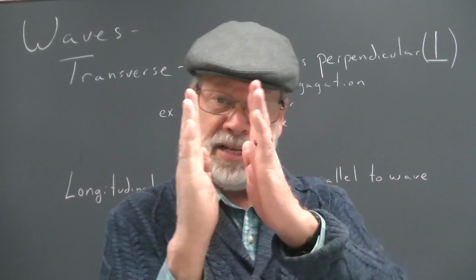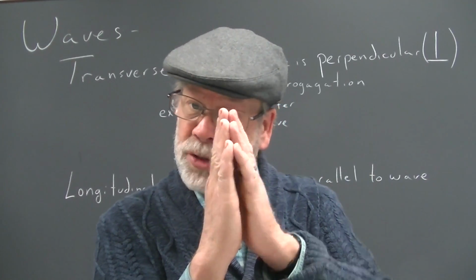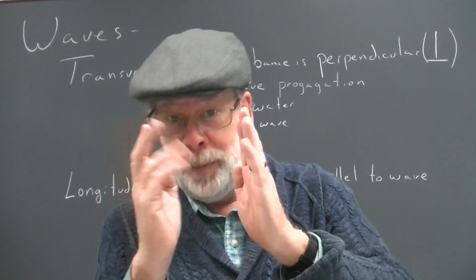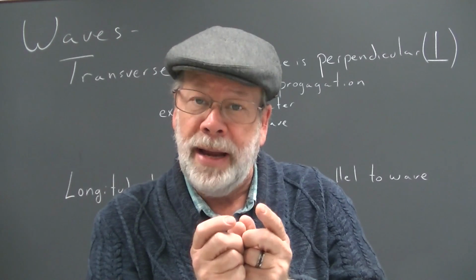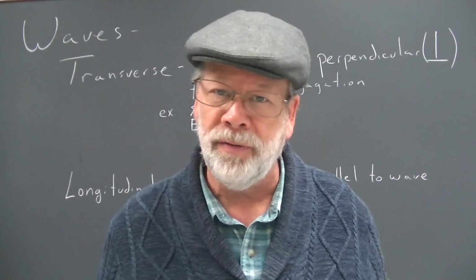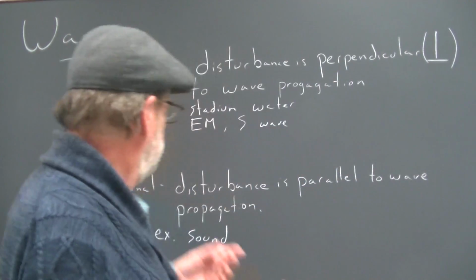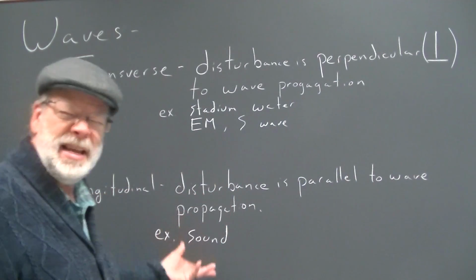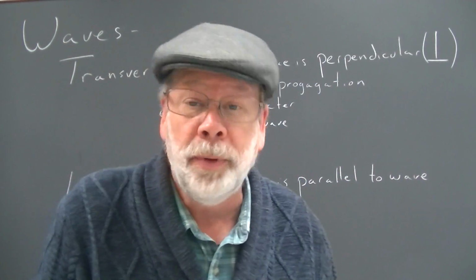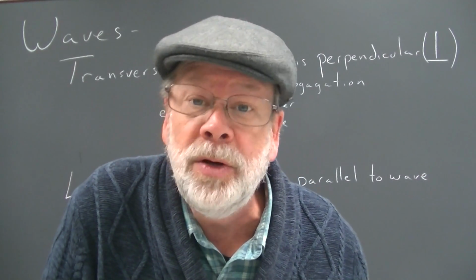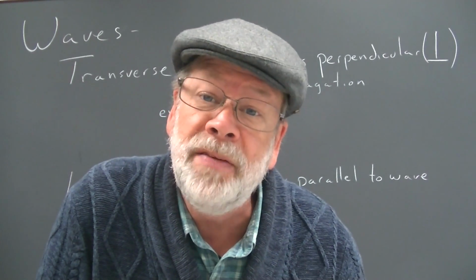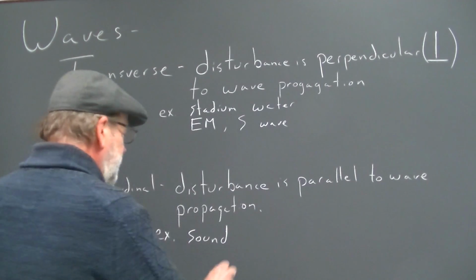When they vibrate this way, they compress the air right next to it, and that sends it off. When they pull back, they rarefy the air next to it, and that is also sent off. So a compressional wave is a longitudinal wave. Sound is really the best example, but we were talking seismic waves, and which of the seismic waves is a compressional wave? That would be the P wave.